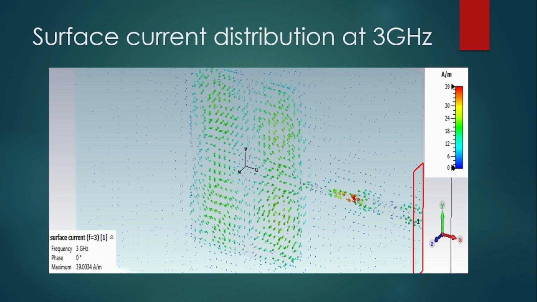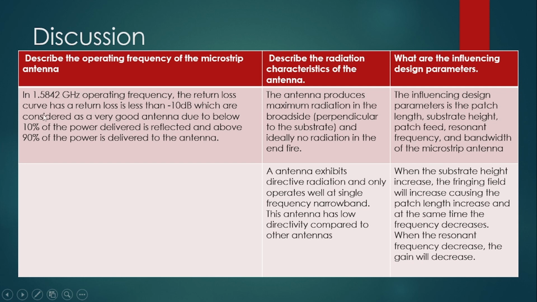For discussion, describe the operating frequency of the microstrip antenna. At 1.5842 GHz operating frequency, the return loss curve has a return loss of less than negative 10 dB, which is considered a very good antenna because below 10% of the power delivered is reflected and above 90% of the power is delivered to the antenna.